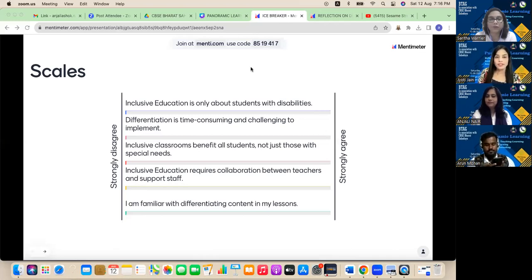Anjali ma'am, to share the link for the Mentimeter. The link has been shared. I'm waiting for your inputs.